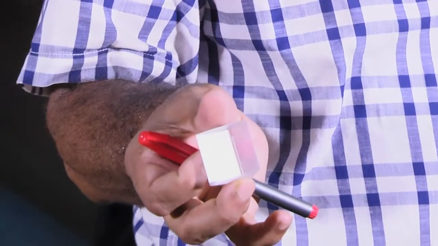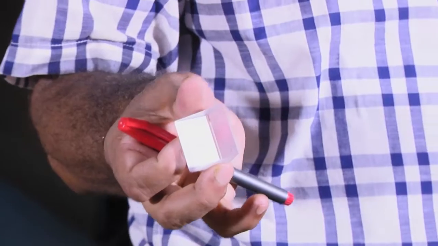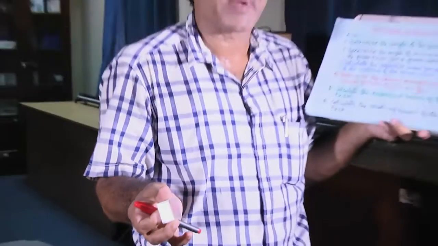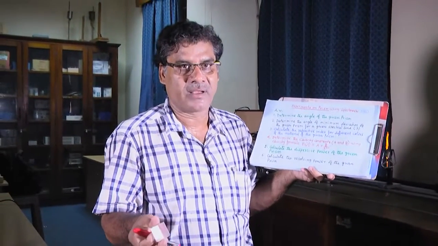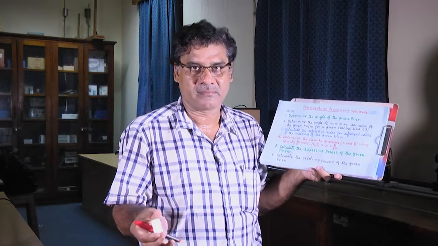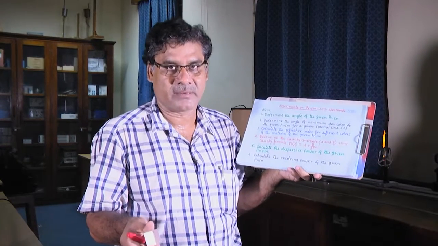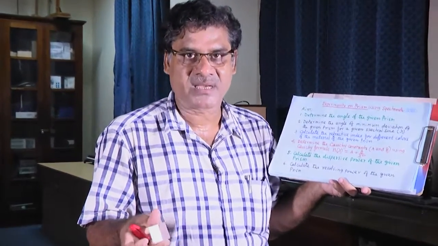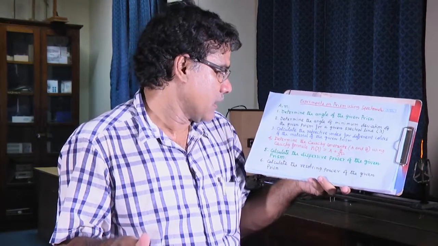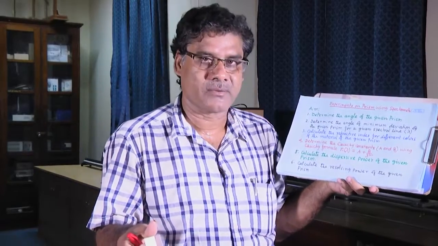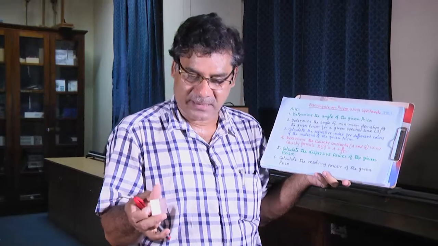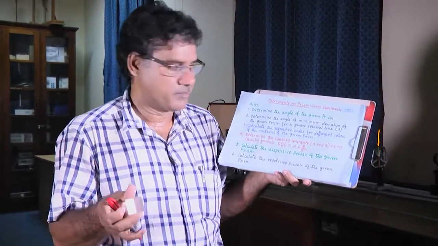Then second, determine the angle of minimum deviation of the given prism for given spectral lines, means for a particular wavelength of light, one can determine the minimum deviation of the prism. Third is one can find out the refractive index of the material of this prism.